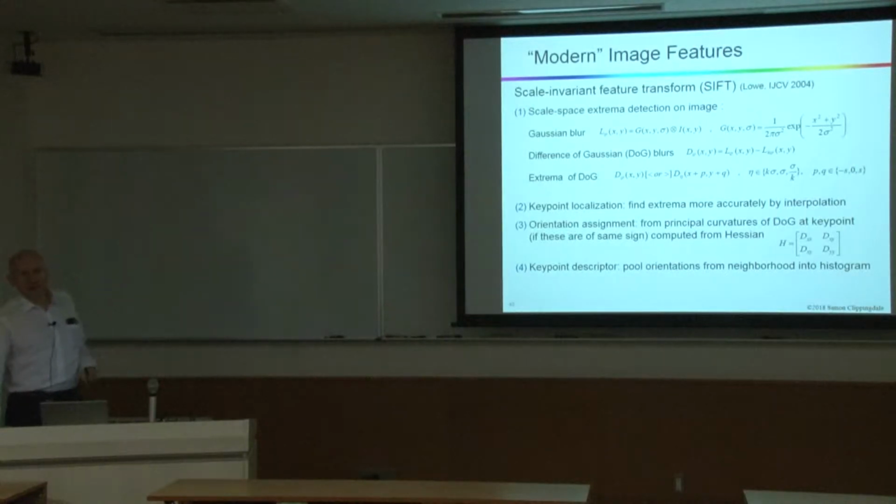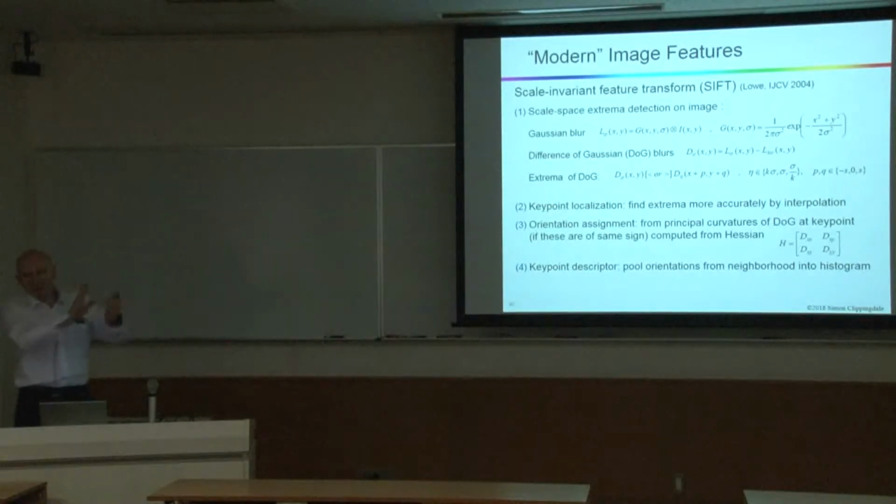This was really the main feature that people used, I would say, before deep learning came along, if they had big computers and a lot of time, and they didn't mind doing a lot of computation, because these features aim to take as much of the variation out of an image as they can by doing a Gaussian blur, then taking the difference of slightly differently blurred images, and taking extrema, maxima and minima of that, to find key points.